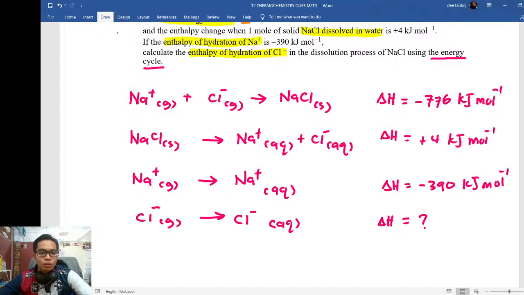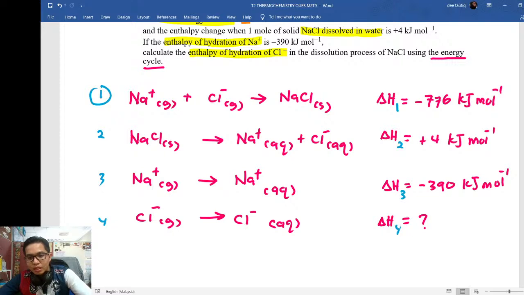So either you choose equation 1 or equation 2. Itu yang paling panjang lah, bila ada banyak benda kan dalam tu. So kat sini saya akan ambil equation 1 sebagai saya punya starting equation. Okay. So ini 3, ini 4. I'm going to label these as delta H1, delta H2, delta H3 and delta H4, untuk saya nak masukkan dalam table nanti.